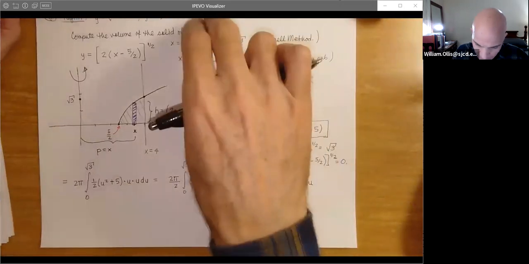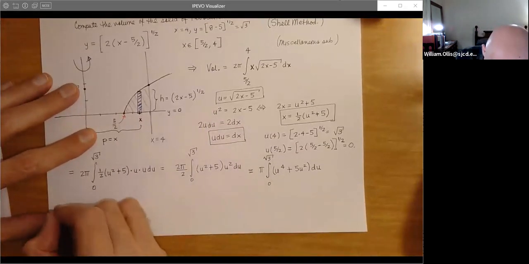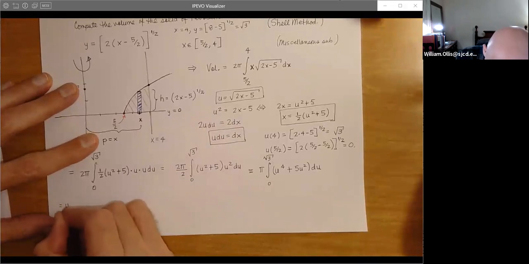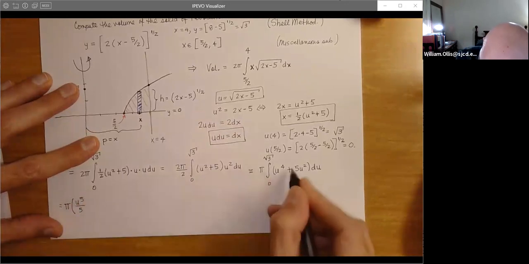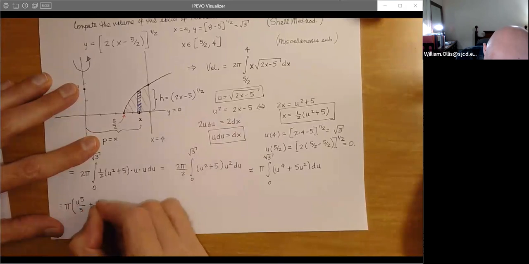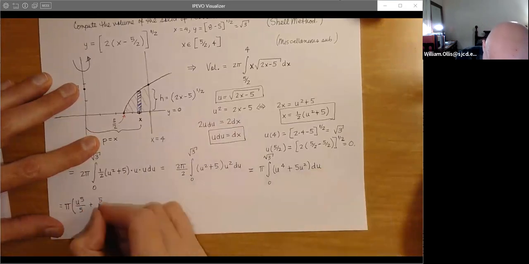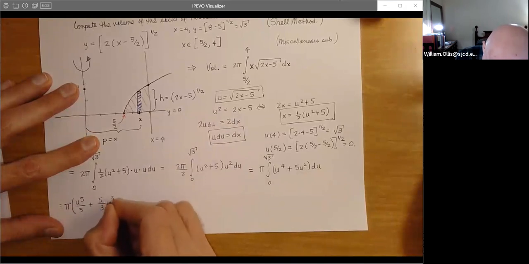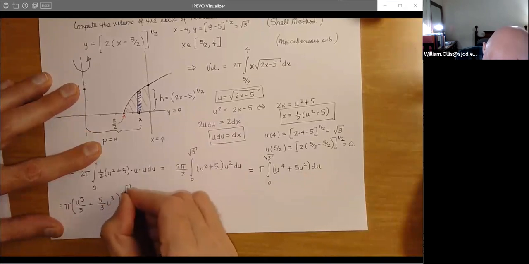So now, let me shift this up a little bit. So we'll go ahead and add 1, divide by the new power. So we get u to the 5th over 5 plus 5, and then we have u cubed over 3. So I'll put the 3 under the 5 and the u cubed. And then we'll have 0 to root 3.